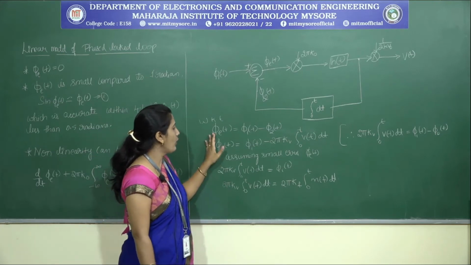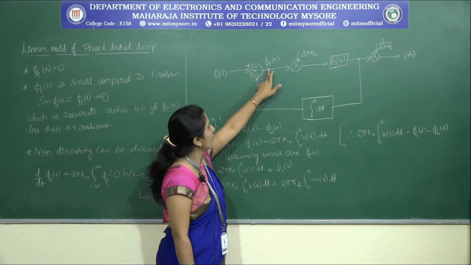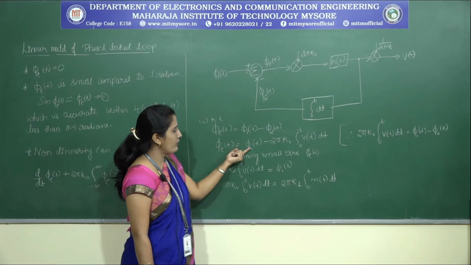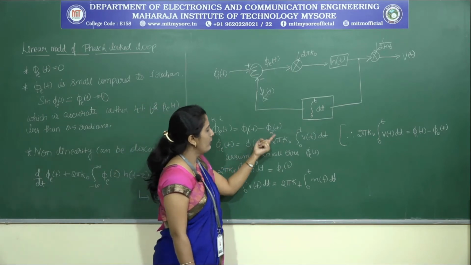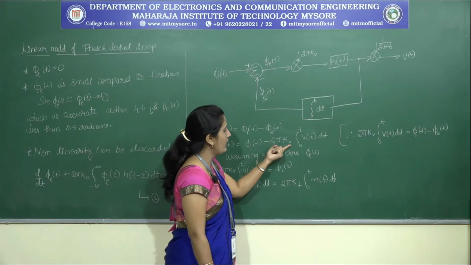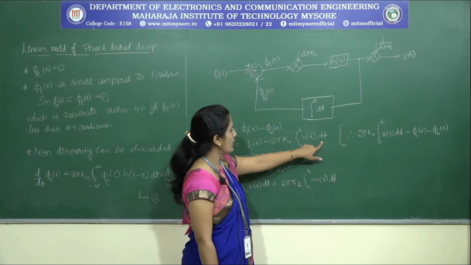We know that phi e of t is equal to phi 1 of t minus phi 2 of t, where phi 2 of t is 2 pi k v integrating from 0 to t, v of t dt.